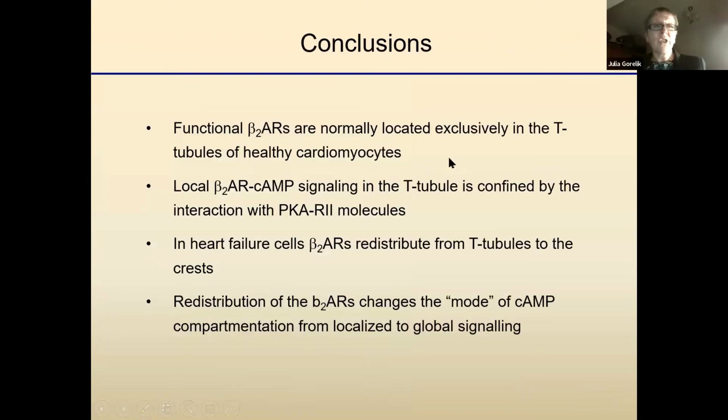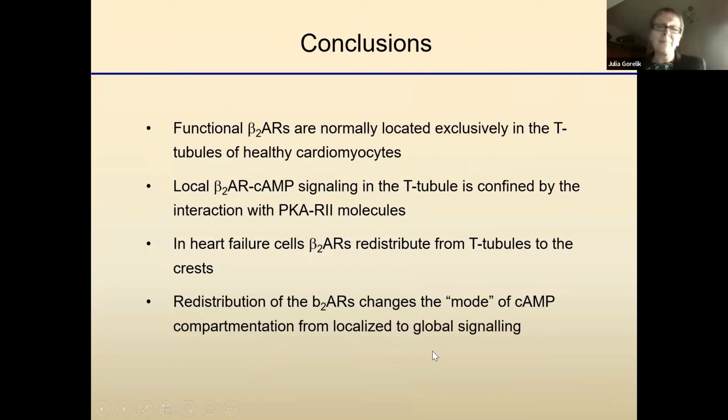We suggest that the functional beta-2 receptor is normally located in the T-tubule, and local signaling in the T-tubule is confined by interaction with the RII subunits of PKA.